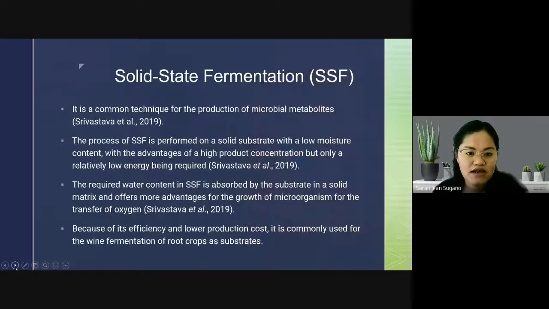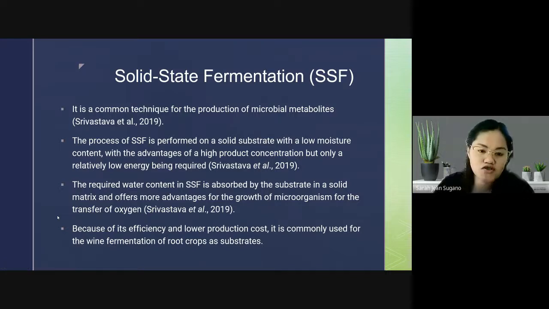Okay, so let us define now what is solid state fermentation. The solid state fermentation is a common technique that has already been used and practiced from the ancient civilization.